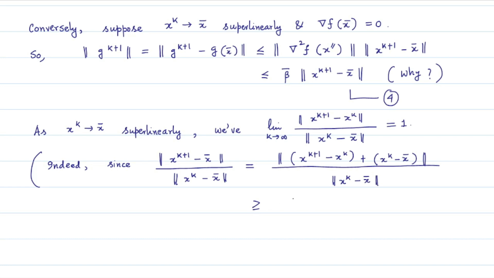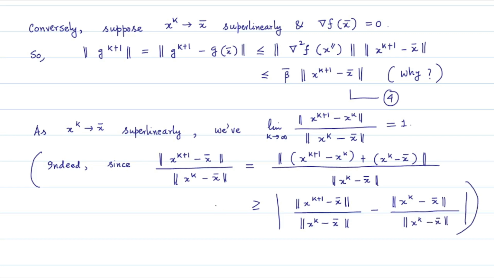This is greater than or equal to the modulus of norm of xk plus 1 minus x bar divided by norm of xk minus x bar minus norm of xk minus x bar divided by norm of xk minus x bar. And as this left hand side portion tends to 0 as k tends to infinity, we will then have the limit of this ratio equal to 1.